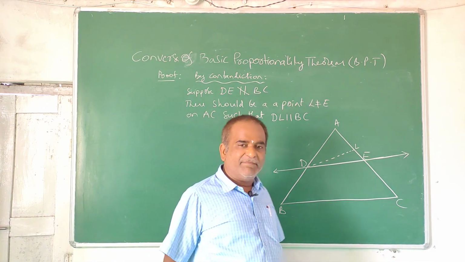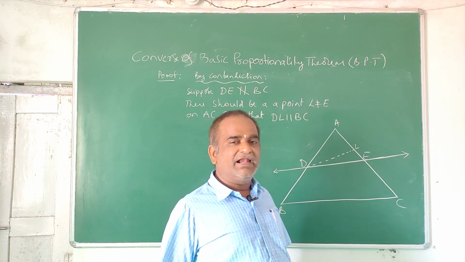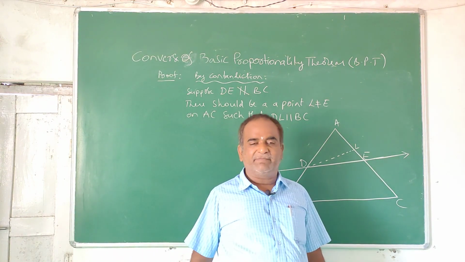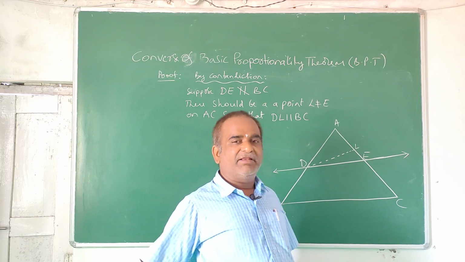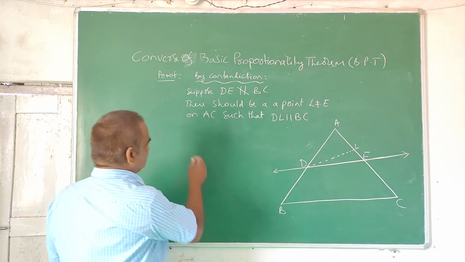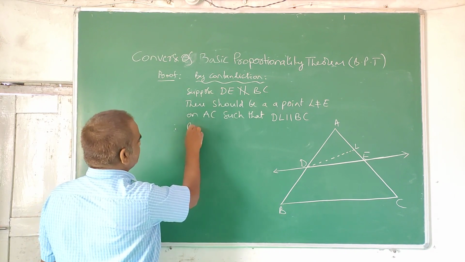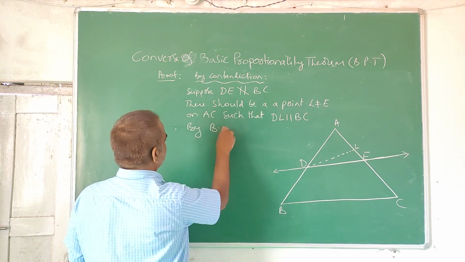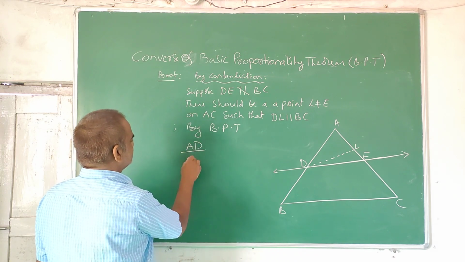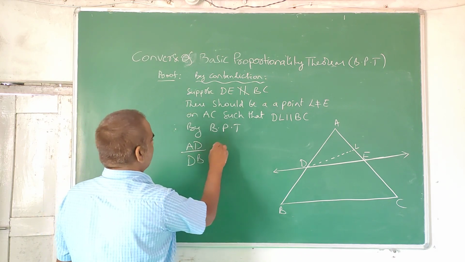Come what may, you accepted that DL is parallel to BC, then the basic proportionality theorem comes into the picture. The moment a line is parallel to the third side, it divides the two sides in the same ratio. Therefore, by the basic proportionality theorem, we have AD by DB is equal to AL by LC.